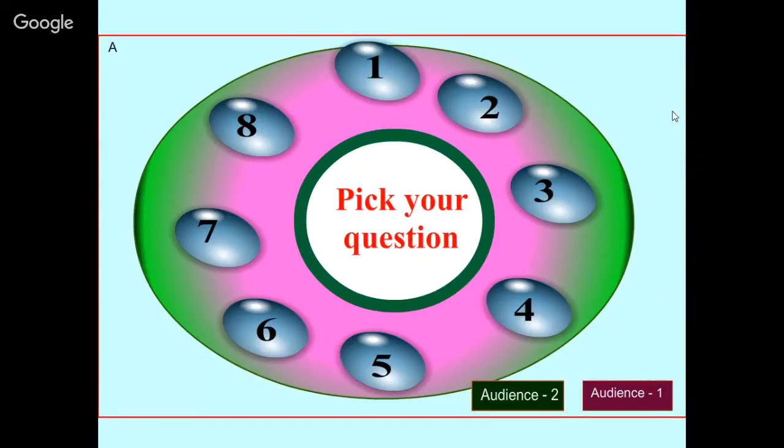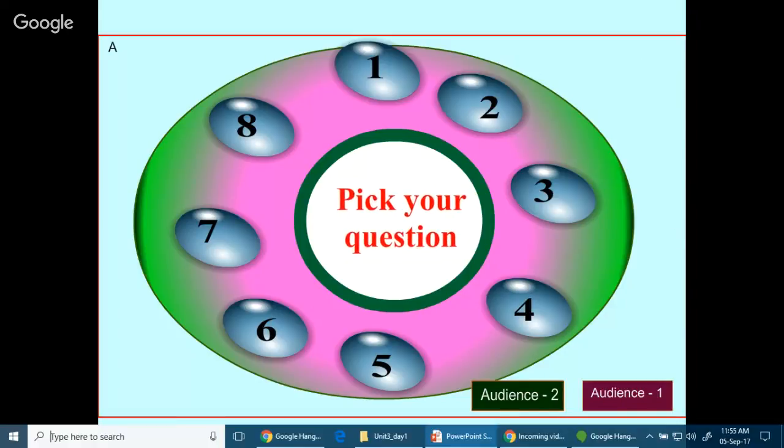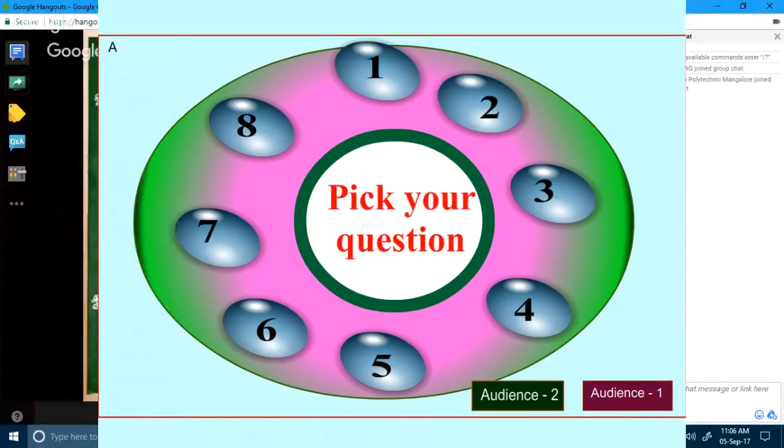So as I understand, the GPT Chitradurga and GPT Gadag are online. I request GPT Gadag to select their question. That means they can type 1 to 8 so that I will be showing the question which they select, so they can answer the question. You can use the chat window to select the question.